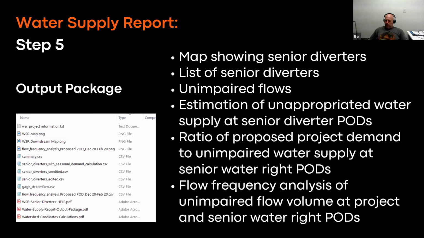It's very specific in terms of what needs to be on the maps, what sort of tabular information needs to be provided, what charts need to be provided. All of those requirements are fulfilled with the output package that's exported from the tool.